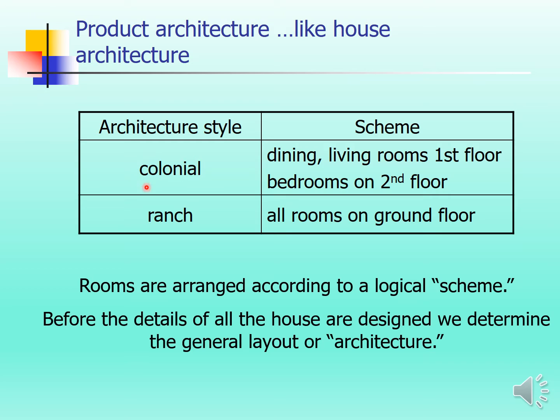For example, if the architecture style is a house, colonial: dining and living room on the first floor, bedroom on the second floor. This is a colonial style. And the ranch style has all rooms on the ground floor, no need to spread. This is the idea of how we do the scheme.